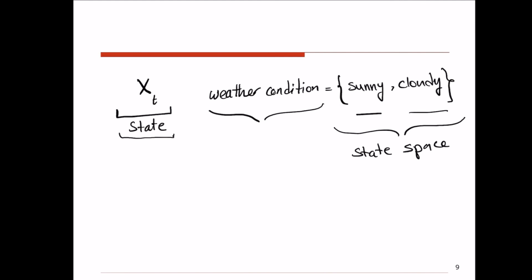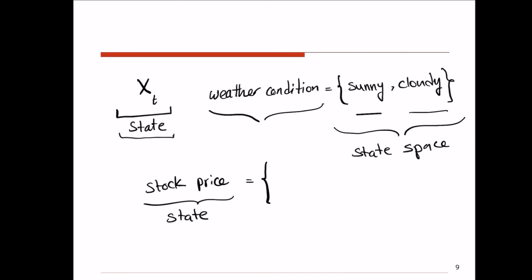Another example, in the stock market, for example, the stock price is the characteristic of interest. That's the one that shows the state of the system. I don't know exactly what the stock price is going to be tomorrow, but I have a sense of the range of possible values that the stock is going to get.